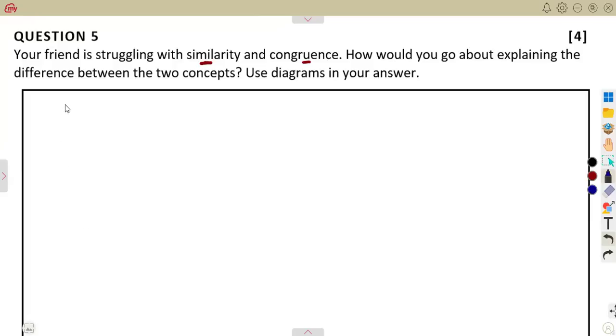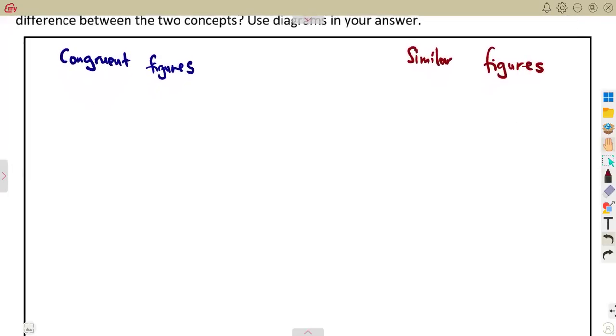All right, let's start with the congruent figures. I have congruent, and on the other hand, we're going to have similar figures. You can use anything: shapes, triangles, rectangles.